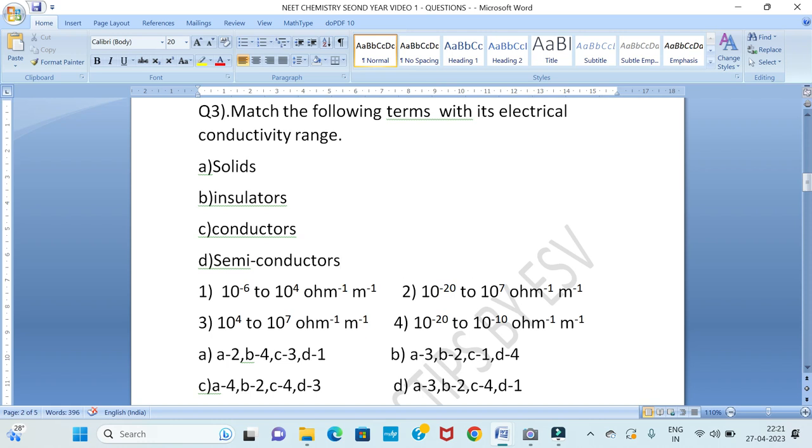Insulators. Insulator means I am taking insulin. Who will take insulin? Diabetes patients, when sugar content is more. So they are taking insulin injections also. So how can you remember T? Here J. So taking injections.